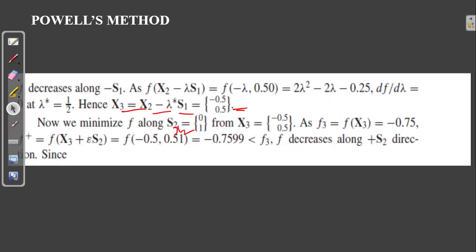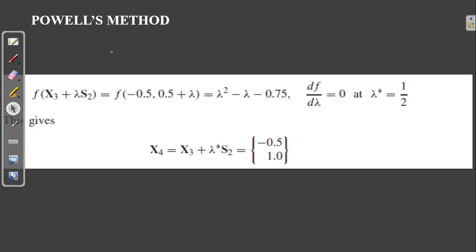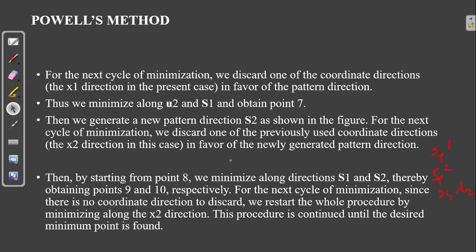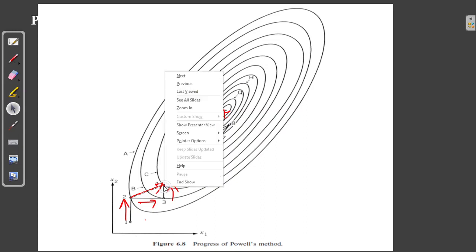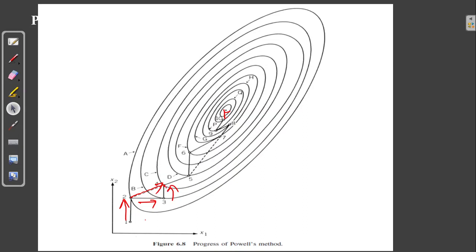So we got x3 and we got x4. That means we have reached this optimum solution point.